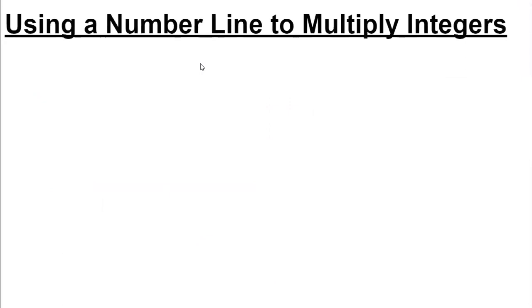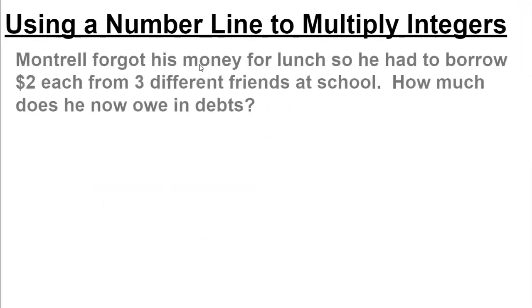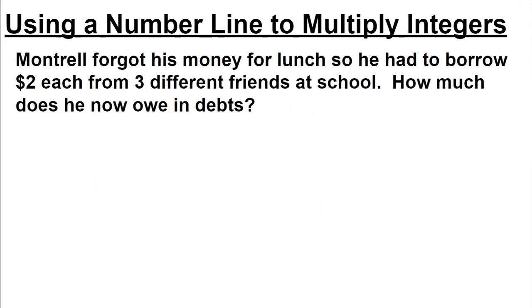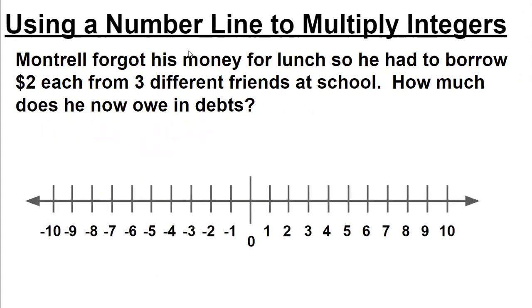Okay, using a number line to multiply integers. So here's a word problem. Montrell forgot his money for lunch, so he had to borrow $2 each from 3 different friends at school. How much does he now owe in debts? So we have our number line here. So he borrowed $2, so that's a -2.